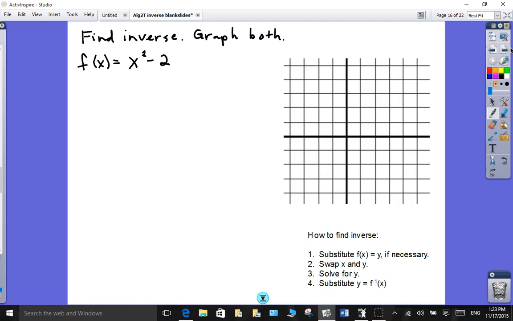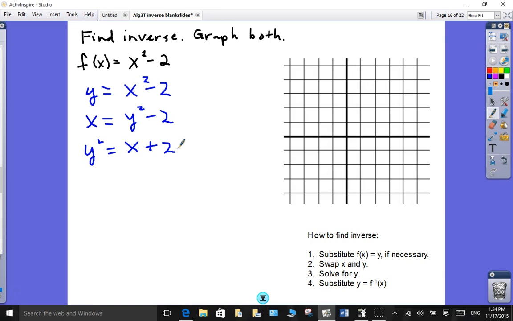Okay, so this is one for me. So this is y equals x squared minus 2. x equals y squared minus 2. y squared equals x plus 2. And then how do I solve for y? Since it's y squared equals, we've done this before when we were solving quadratics by taking square roots.